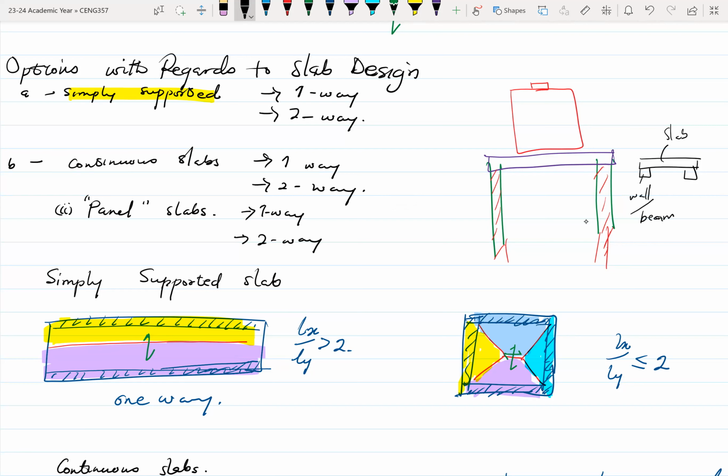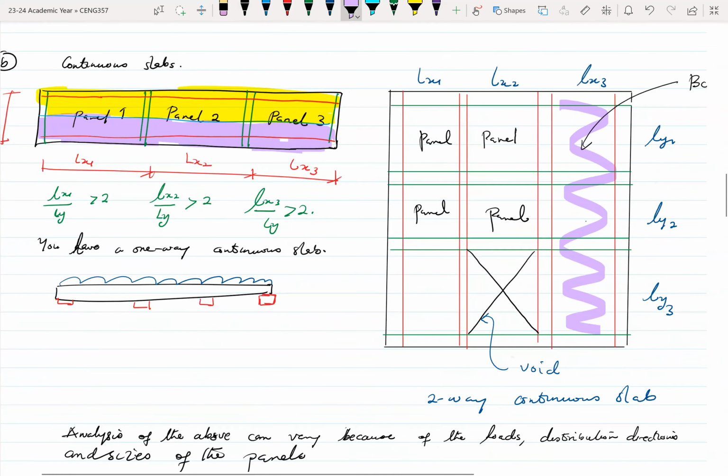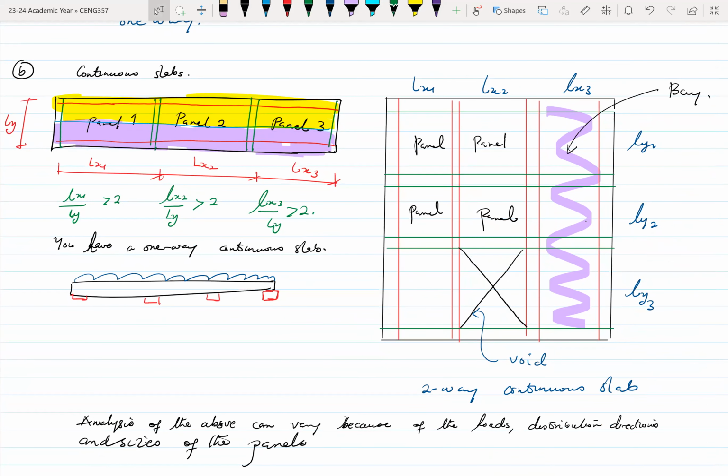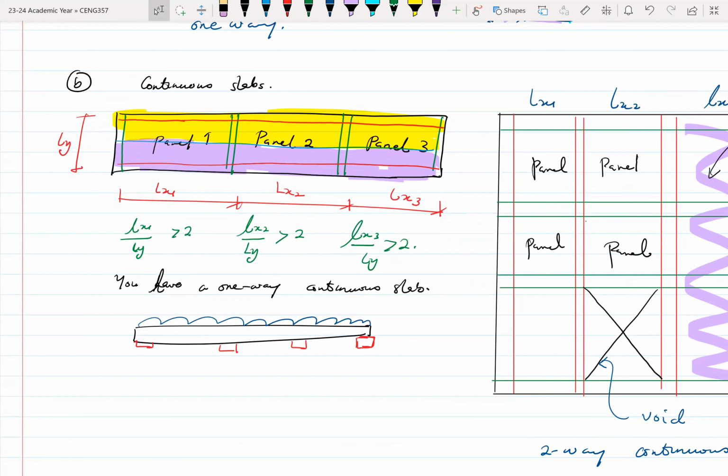And we also have continuous slabs, which are slabs which span over supports. And we looked at a typical example being the panel-based system, where you have a series of slabs spanning over a series of beams or columns. Then we have the case whereby it's just one straight panel, where that will lead to a one-way load distribution approach.